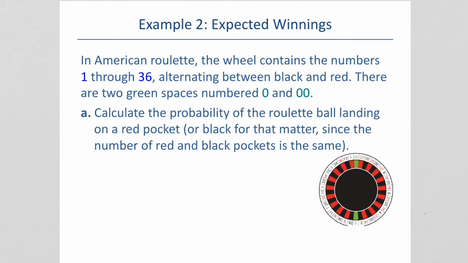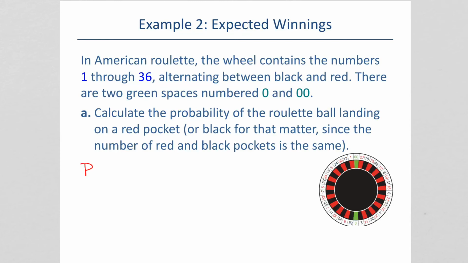In American Roulette, the wheel contains the numbers 1 through 36, alternating between black and red. There are 2 green spaces, numbered 0 and 00. Calculate the probability of the roulette ball landing on a red pocket, or black for that matter, since there's the same number of red and black pockets.